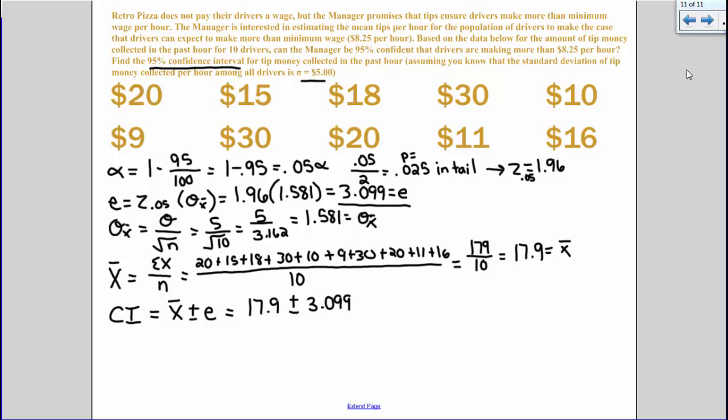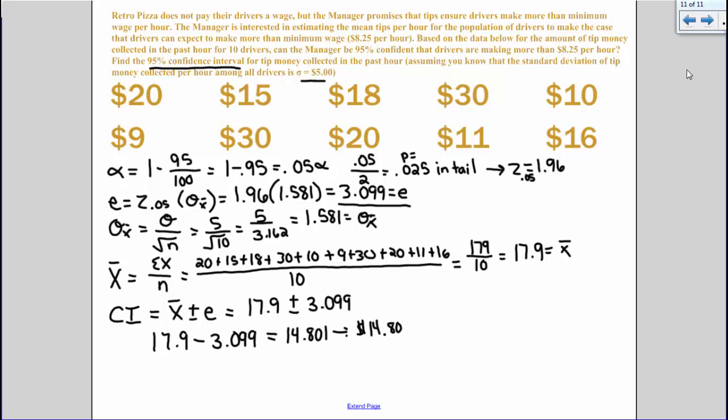3.099. So to find our lower limit of our confidence interval, we can take our sample mean, subtract our margin of error, and 17.9 minus 3.099 is equal to 14.801, or, because we're talking about dollars, $14.80. And let's make that more clear because I think my dollar sign and my 1 got kind of smooshed. $14.80.